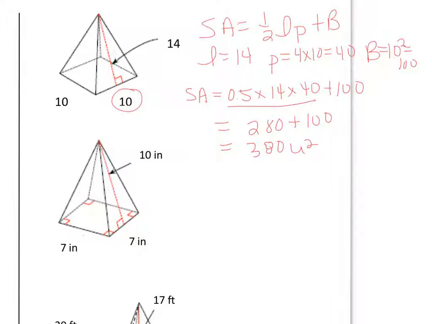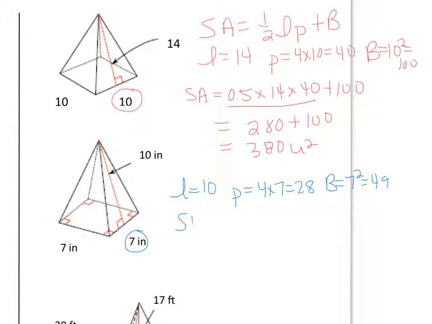For number 2, you're doing the exact same thing, except this time our slant height is 10. 7 is the side length of the square, so our perimeter is going to be 4 times 7, which is 28. And then the area of the base is going to be 7 times 7, which is 49.